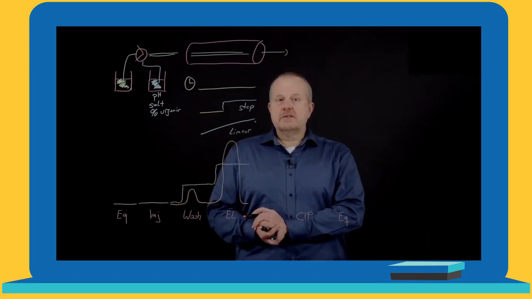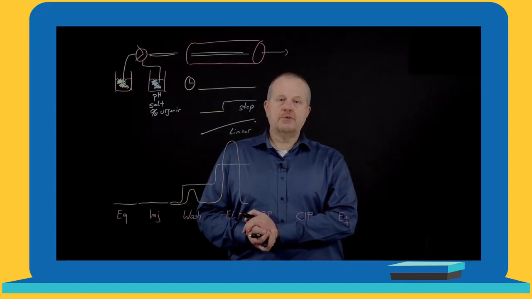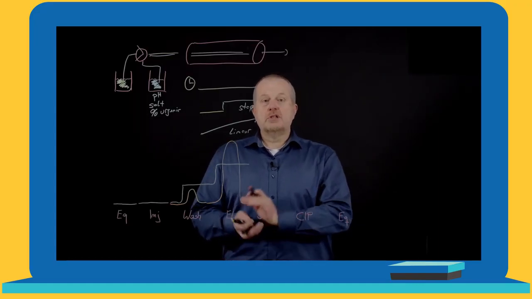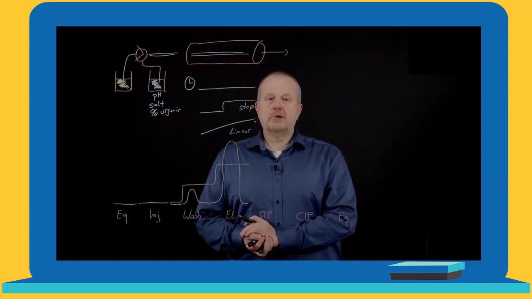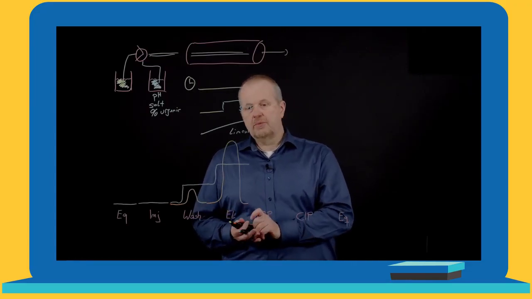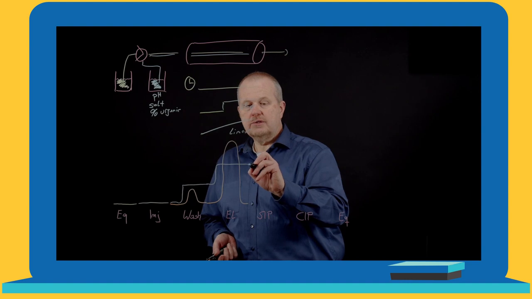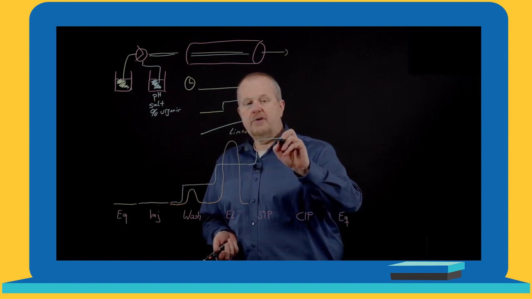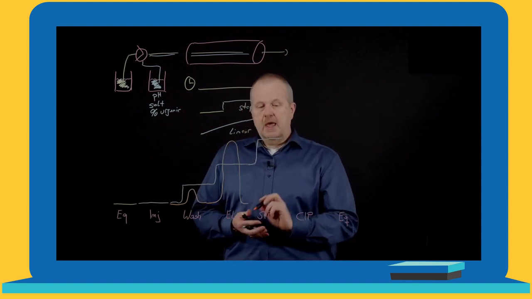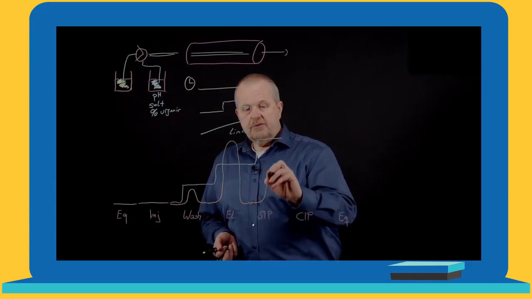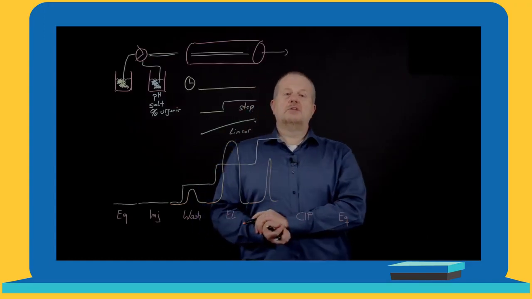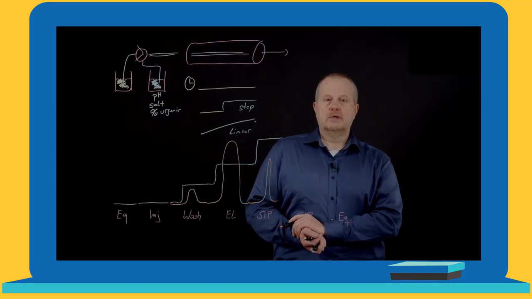In most of the cases, we still have material on the column which is strongly bound and which we would like to get rid of. So now we increase again the elution power of our mobile phase. And with that, we get rid of material which is strongly bound.